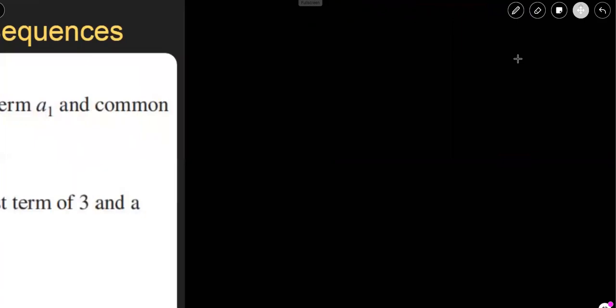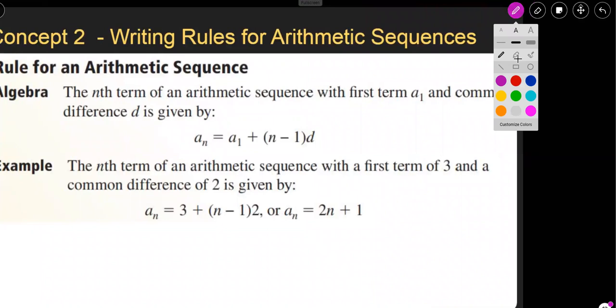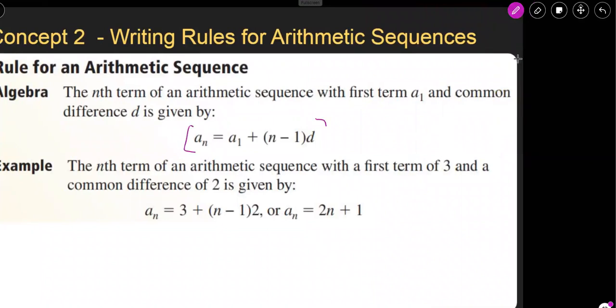All right, so next up, we talked about the standard rule for finding an arithmetic sequence. And that was, a_n, which is the value at position n, is equal to a_1, which is the value at position 1, plus n-1, which represents the number of differences, or steps, or changes in position that you have to take to go from a_1 to a_n.